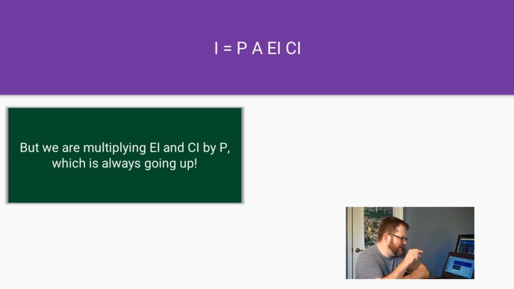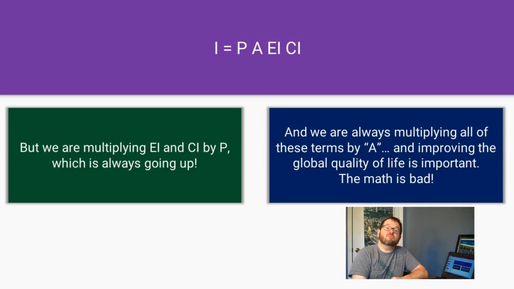No matter how much we do to make tiny changes, or even not so tiny changes to EI and CI, we're multiplying it by a number that's increasing exponentially, and then we're also multiplying it by A, which by the way is not necessarily a bad thing in the sense of the ethics of it. I mean, we don't want global population to fall, certainly not in some horrible way.